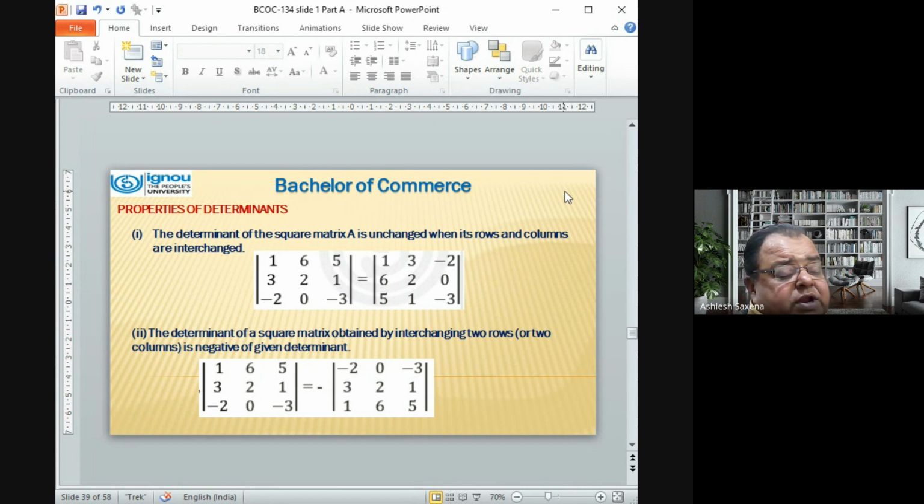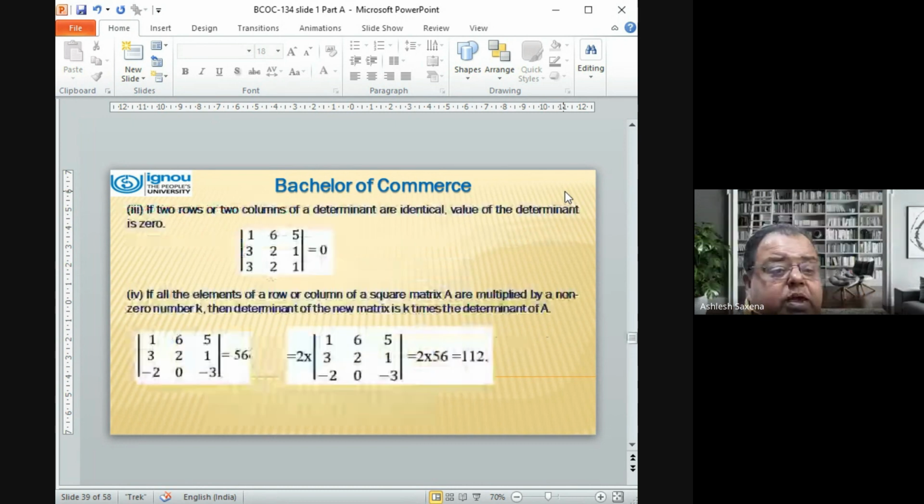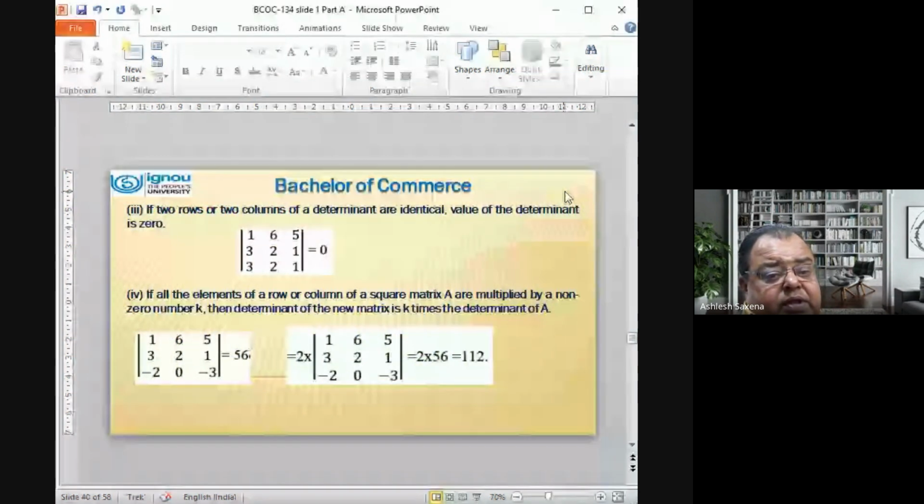If rows and columns are being interchanged, the determinant value will be multiplied by -1. If two rows or two columns of a determinant are identical, the value of the determinant will be 0. You can see that second row and third column are identical. Its value will be 0.